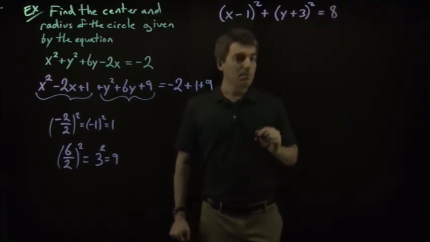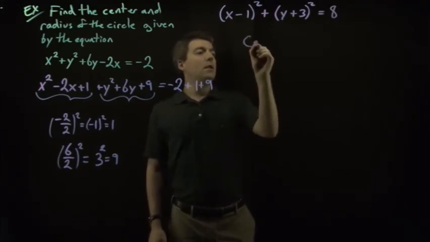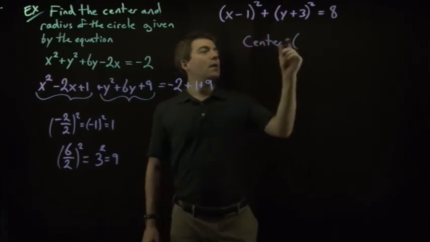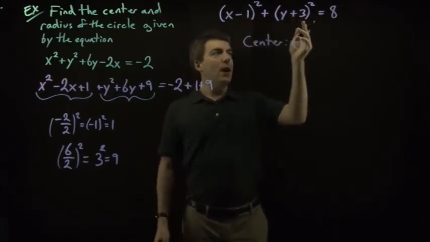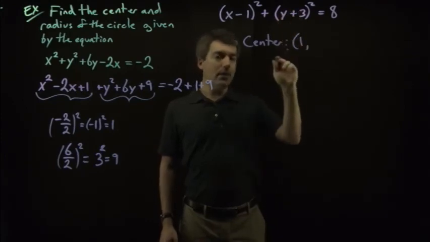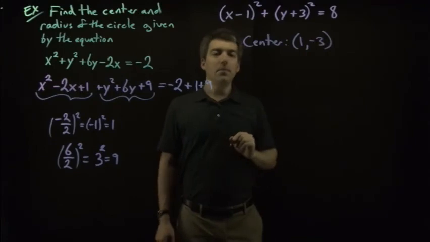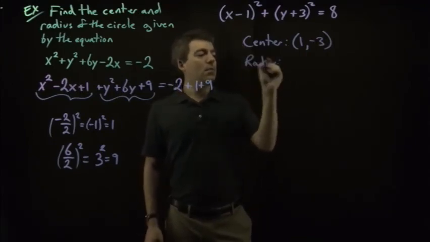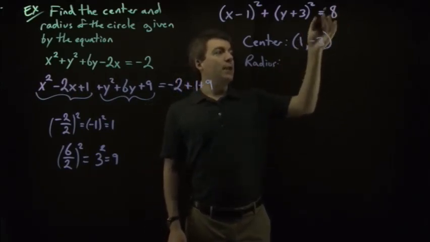Right. From this, we can read off the center. The center of this circle is going to be 1, comma, and then this can be thought of as y minus a negative 3. So 1, negative 3. And the radius will be the square root of this number here.